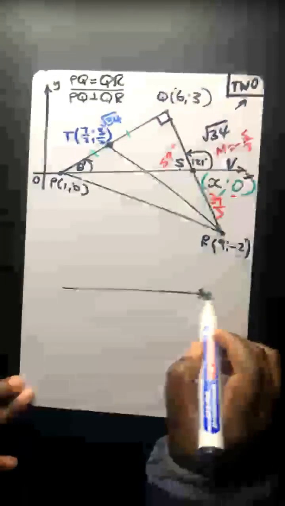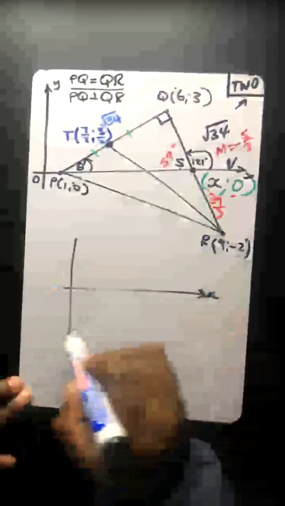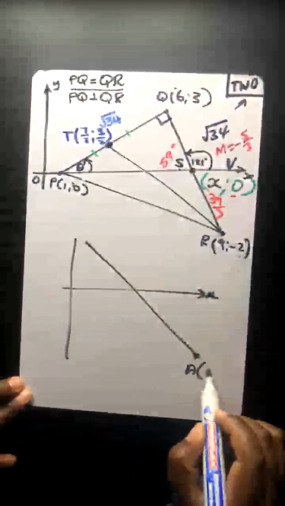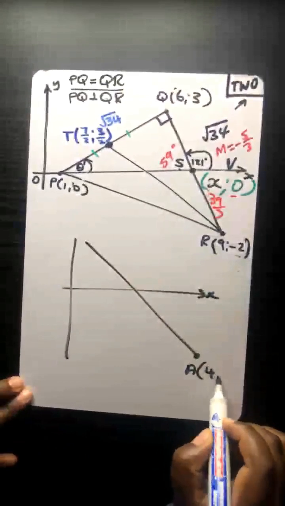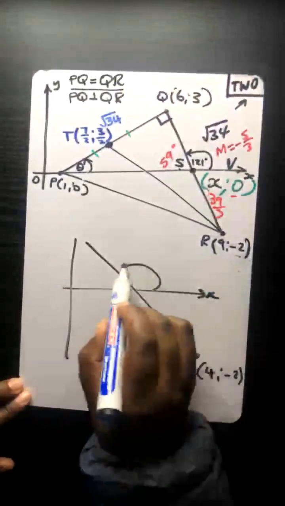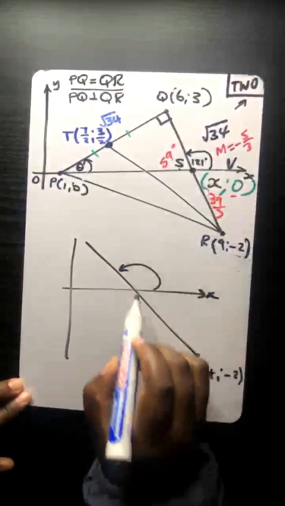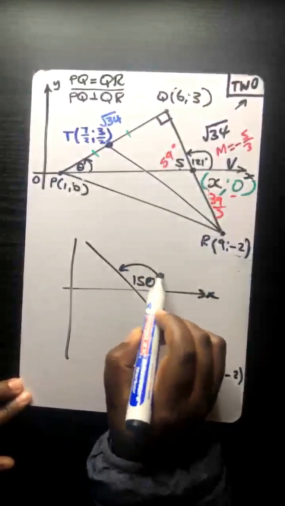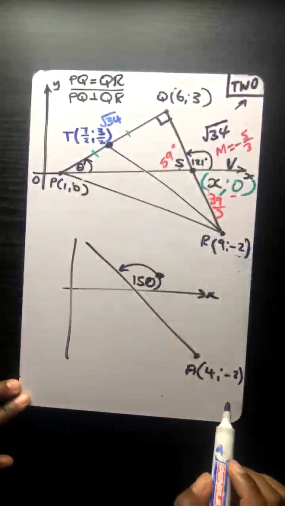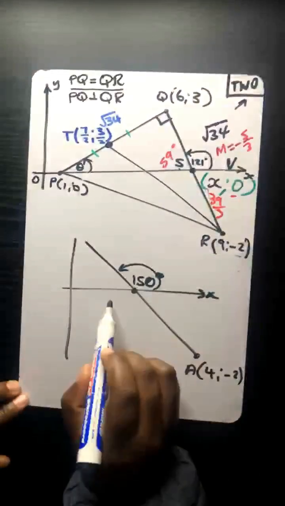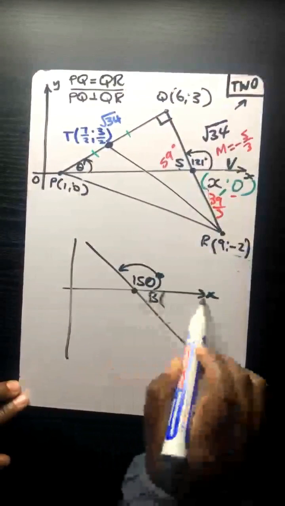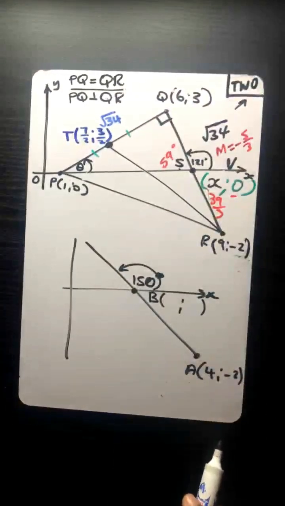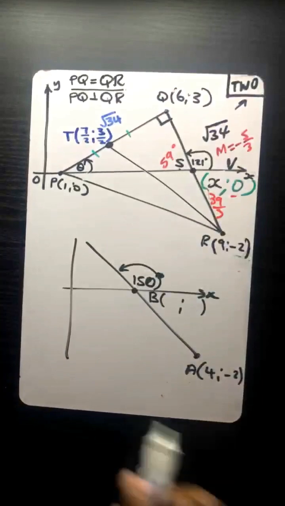Let's say this is the x-axis, and you've got that point A, let's say it is (4, -2), and they give you an angle of 150 degrees, just as an example, and they say there is point B. They want you to calculate point B. Can you see, in this case, you don't have the second point.